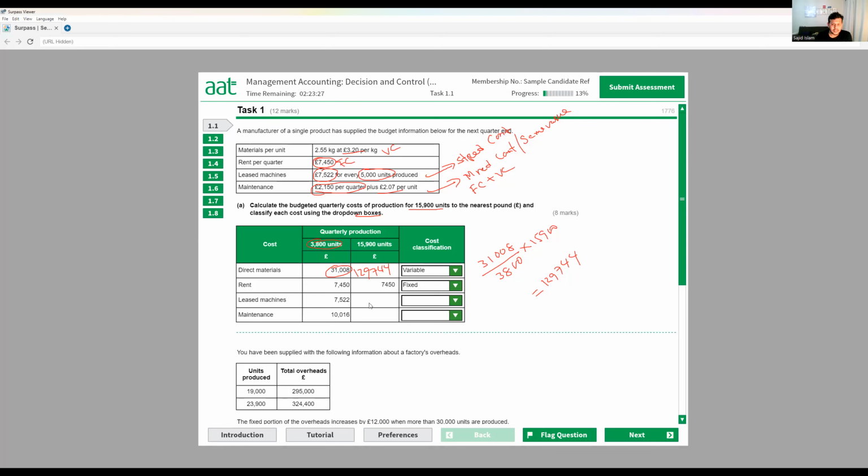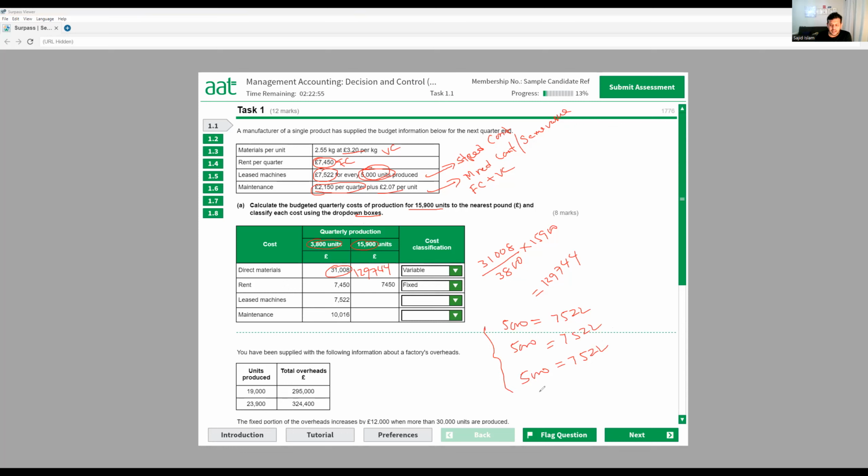The next one, we have a lease machine. They said for every 5,000 units, it is 7,522. So for 15,900 units, you can see for the first 5,000, we have 7,522. For the next 5,000, again 7,522. For the next 5,000, 7,522. That means we have 15,000 so far.